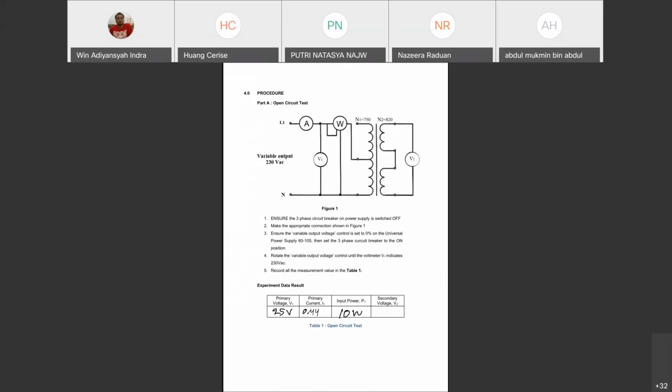Secondary, yes. Cannot see your writing. Are you sure? Yeah, but you can see my slide, right? I can see your slide at the synopsis and theory part only. Oh, well.